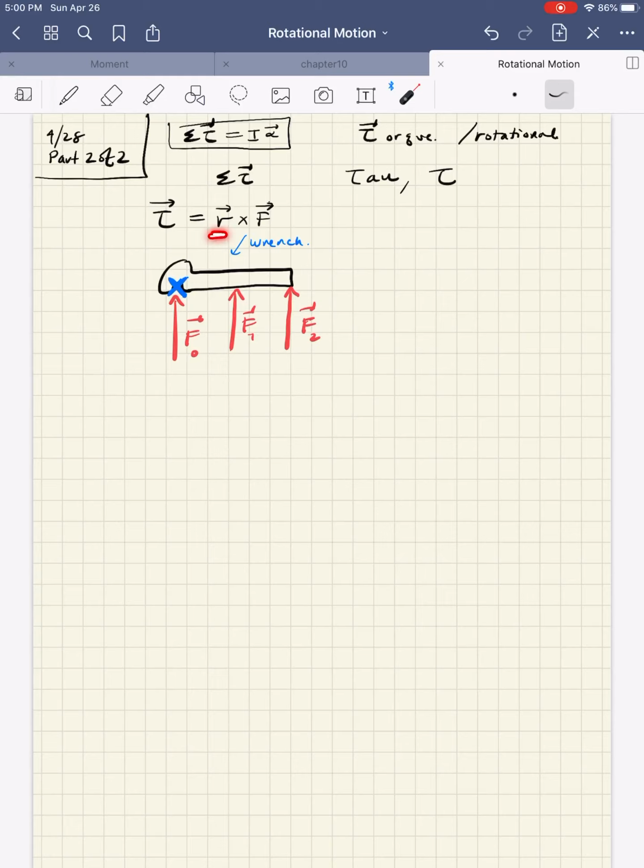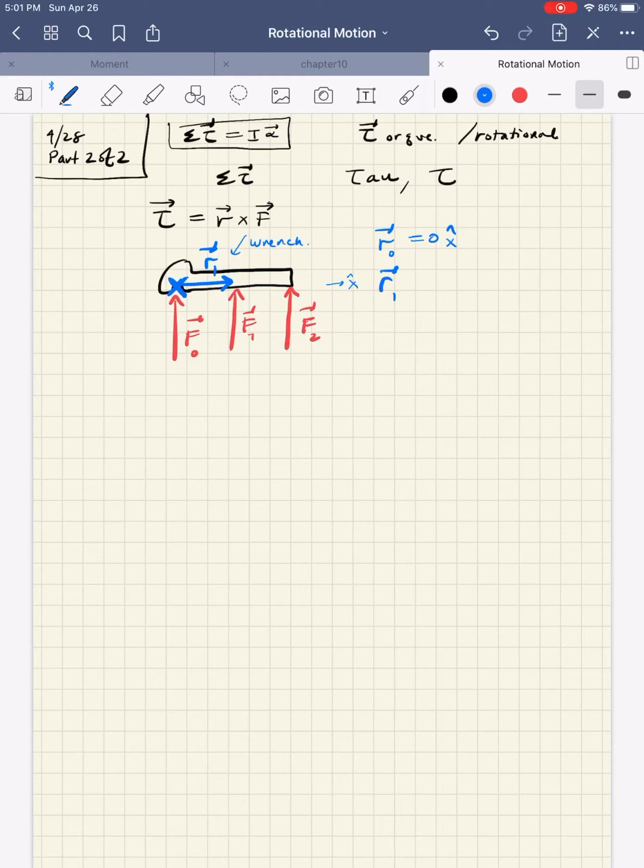This is picked up in the definition of torque by this R vector. The R vector is how far away from the axis of rotation you are. So the R vector for F sub 0 right here is actually just 0, in the x hat direction. R1 looks like this.